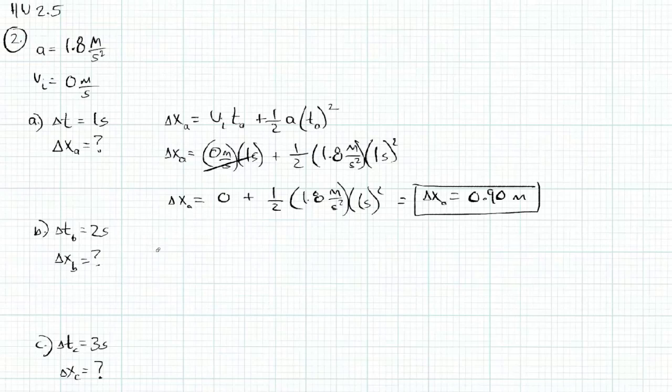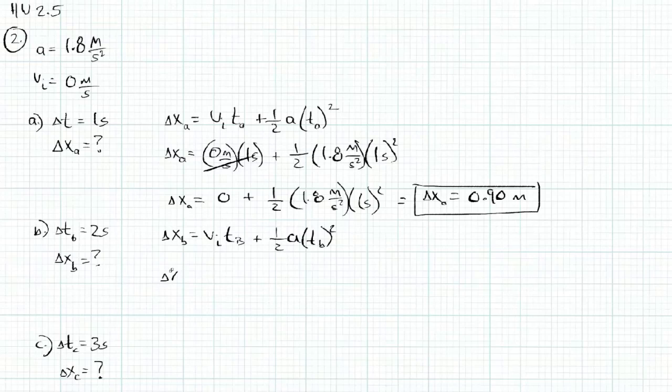Let's try it at B now. Well, the same equation is going to be used. Our displacement at B is going to be initial velocity times time at B, lowercase b, plus 1/2 times the acceleration times time at B, that value squared.